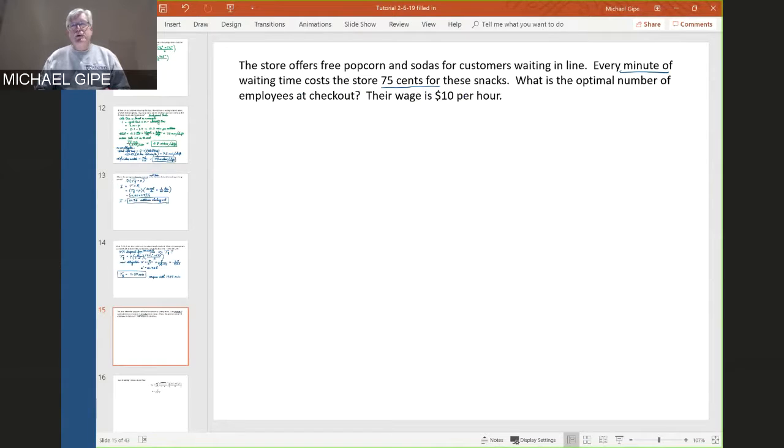So go back to economics. Essentially, we want to find out what's the partial derivative of the cost of waiting time with respect to the number of employees. That is this factor M. Don't panic yet.